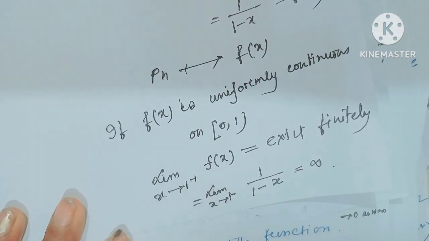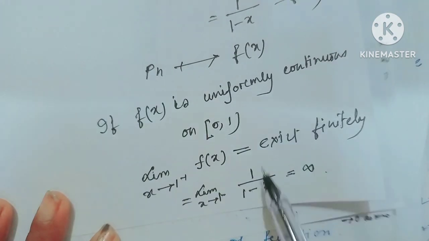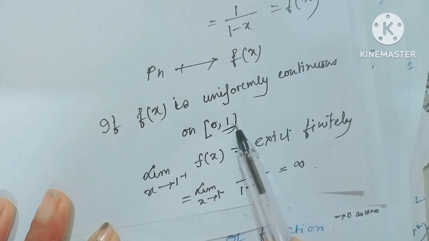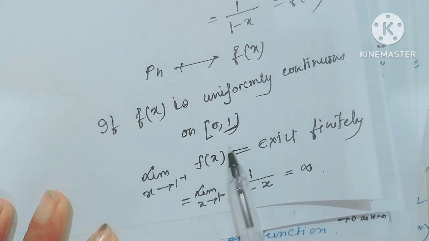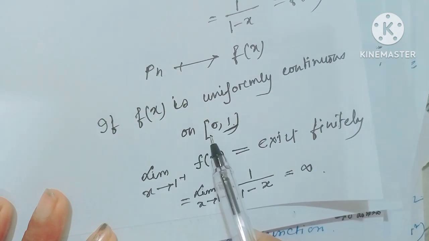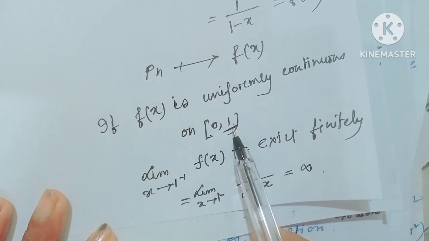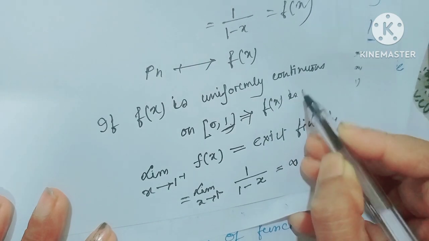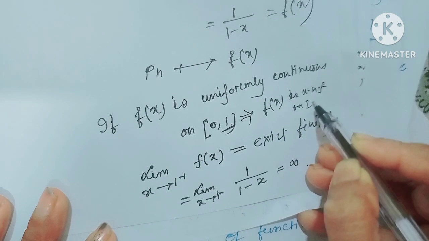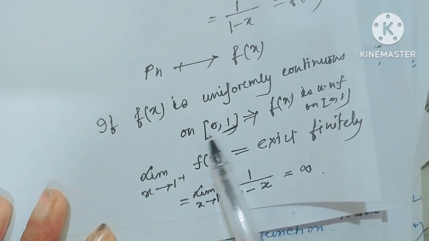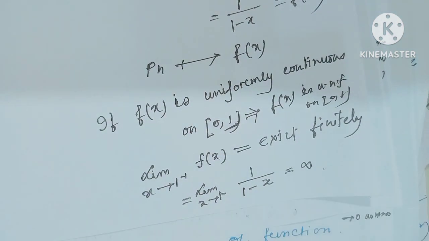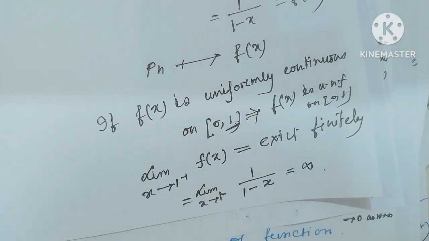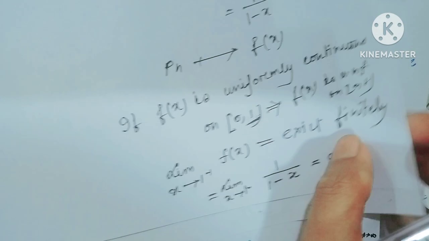But this limit does not exist finitely at the endpoint 1, because if f(x) is uniformly continuous on [0,1), it extends to a uniformly continuous function on [0,1], and the limit at the endpoint always exists finitely. So f(x) is not uniformly continuous.